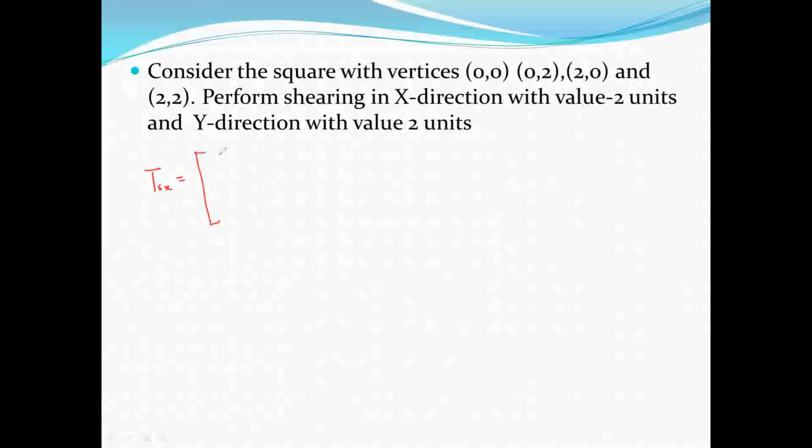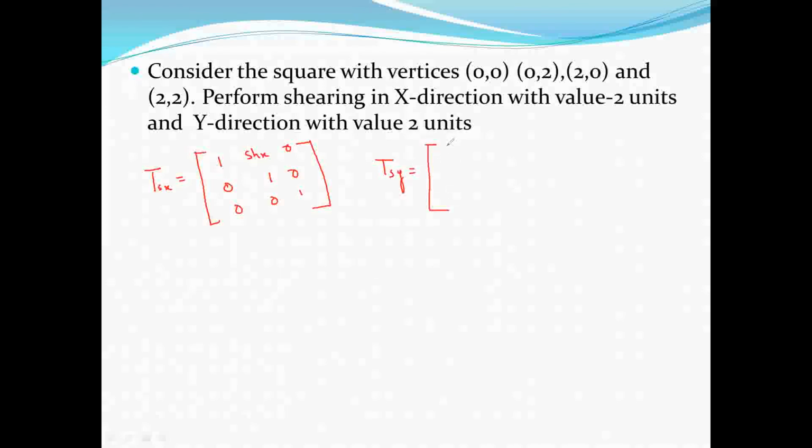So as you know, the shearing matrix is 1, shearing factor SHX, 0; 0, 1, 0; and 0, 0, 1. Similarly, the shearing transformation matrix for shearing along y direction, that means T of Sy, will be something like that.